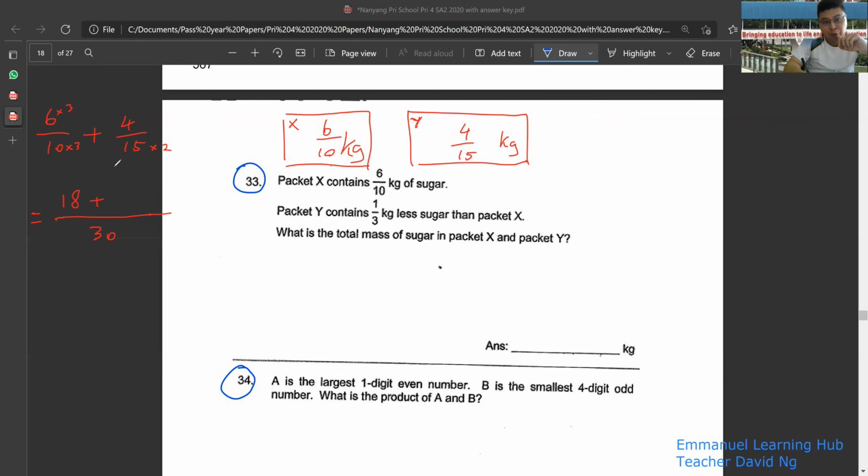Okay, at least you know. So 15 times 2 is 30. Then the numerator, what must you do with the numerator? What must I write here? 10. This is not 10.